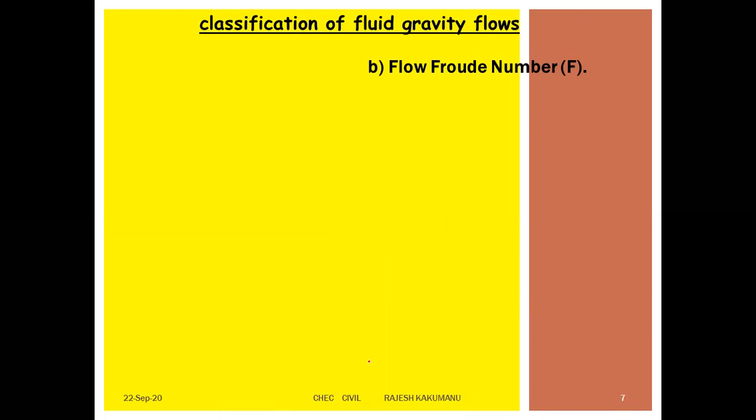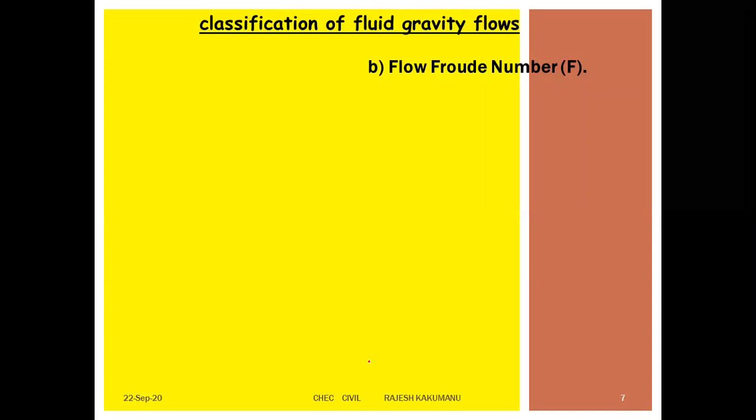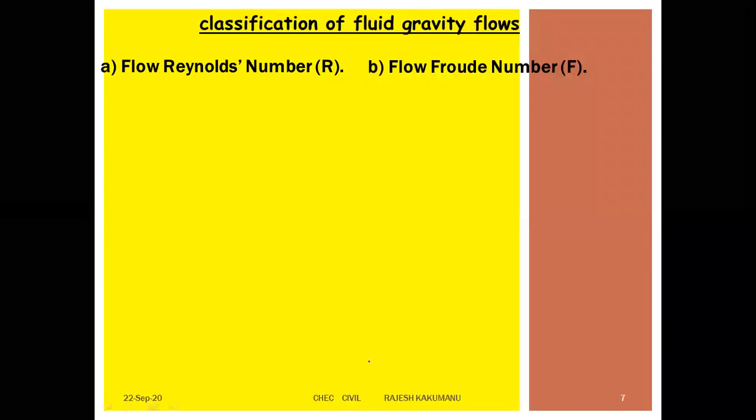Next, the classification of fluid flows under gravity. Whenever you are using gravity, without pumps or electromechanical devices, for the entry or exit of fluids, we have two types of classification. One is the Reynolds number, the other is the Froude number.